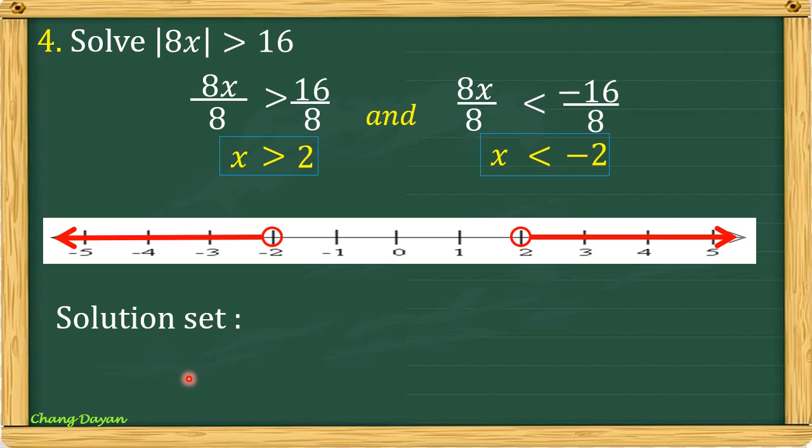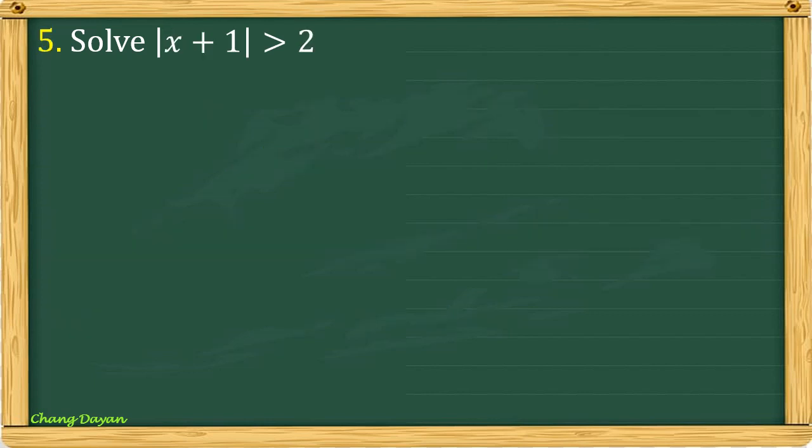Okay? So, our solution set is negative infinity, so, negative numbers until from negative 2. And positive 2 until positive infinity or mula sa 2 hanggang sa pataas. Okay? Yan po ang magsasatisfy ng ating inequality.